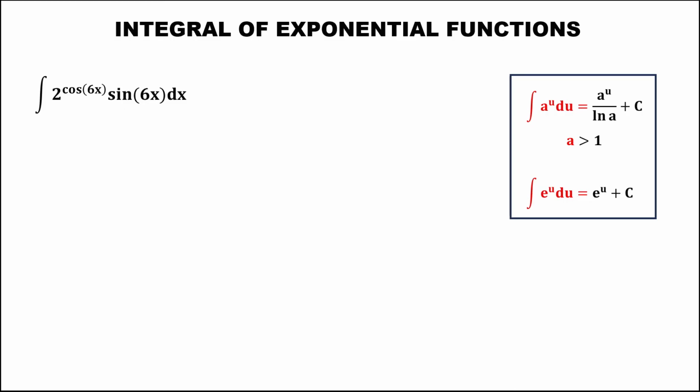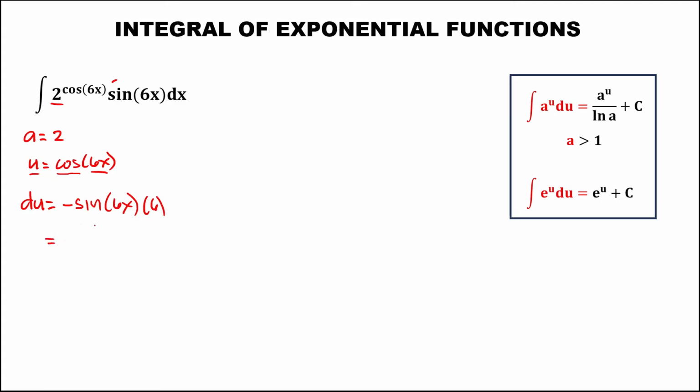Then for this given, this one is a constant, so this is a, so that's 2. Then u, the exponent, so we have cosine 6x. Then du, the derivative of u, or the derivative of cosine, that's negative sine 6x times the derivative of 6x, that's 6.